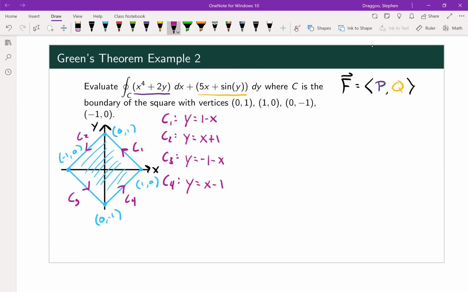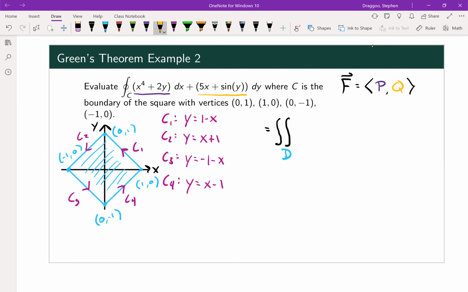But that seems like a pain, and I'd rather not. So instead, we'll use Green's theorem once again. Just take the partials of those two components of F, the partial of P and the partial of Q, but we're going to want Q partial x and P partial y, and say that the line integral over the closed curve C is equal to the double integral over the region D, where D is that blue square that's been rotated 45 degrees.